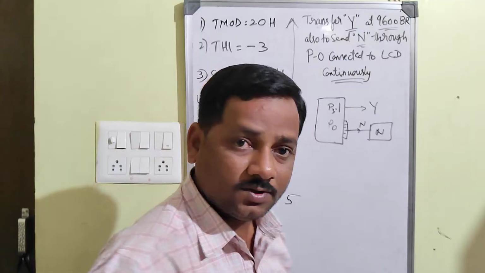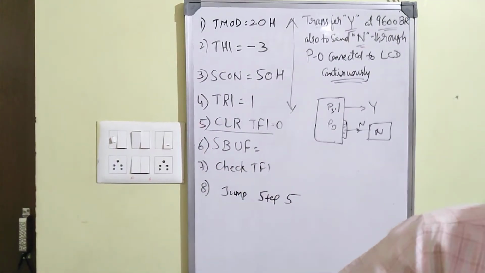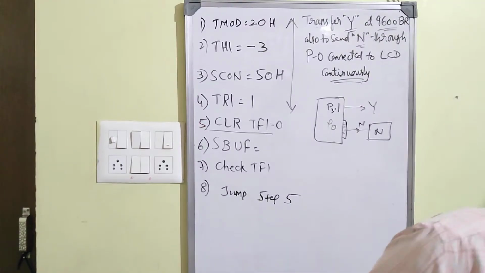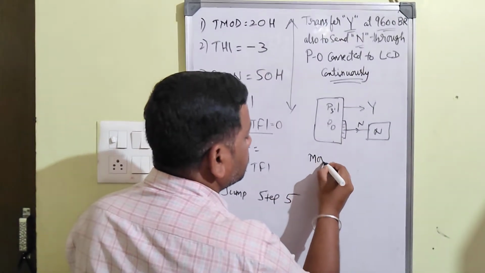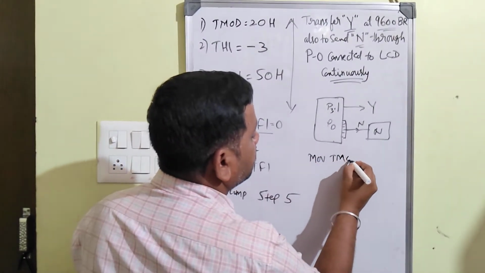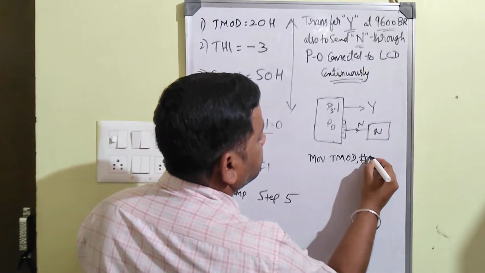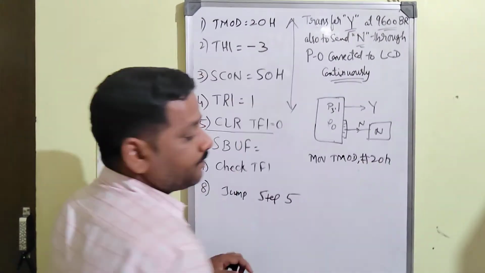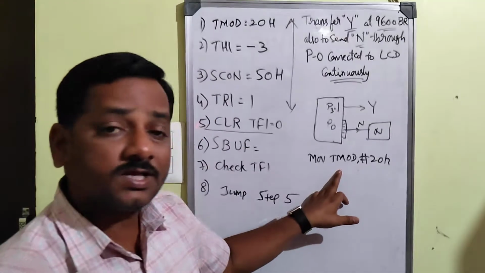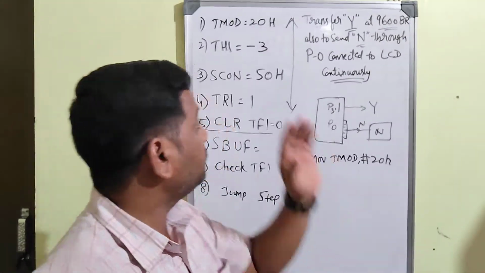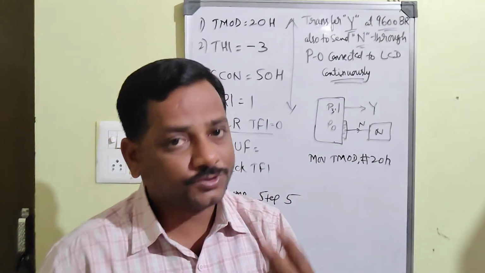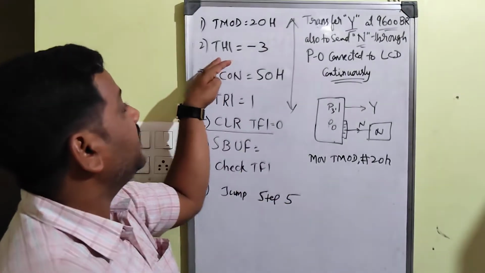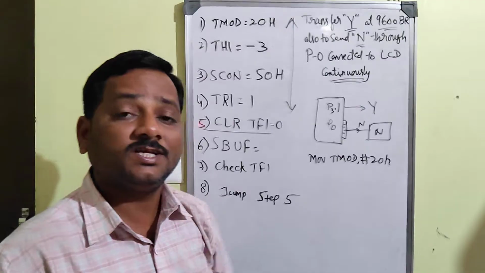So what we can do? First thing we are going to write ORG. Those common things I'm not going to write here. First line is MOV TMOD, #20H. So 20H is the data given to TMOD, and why we are doing it I already explained. So that we can select timer 1 in mode 2. Next step is to enter the baud rate into timer 1, TH1.